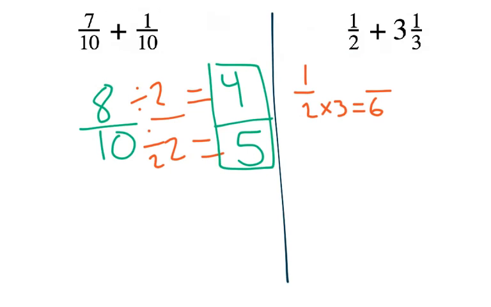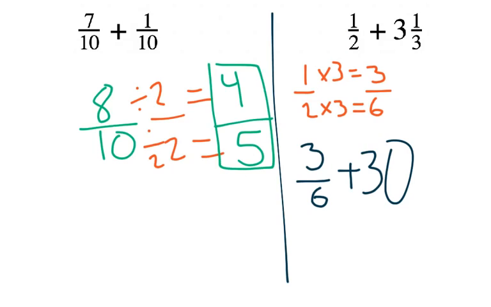But if I do that on the bottom, I have to do that on the top. 1 times 3 equals 3. So now our new problem is 3 over 6 plus 3, and we don't know what yet. We don't know what's going to go in this blank spot here because we have to turn 1/3 into a fraction with a denominator of 6.